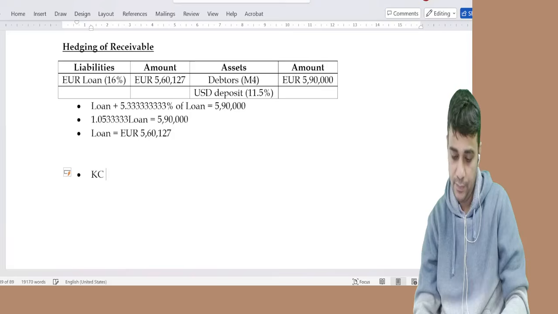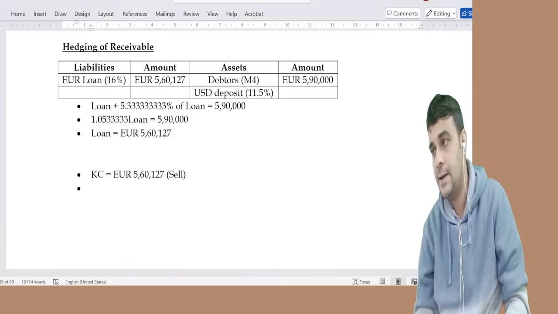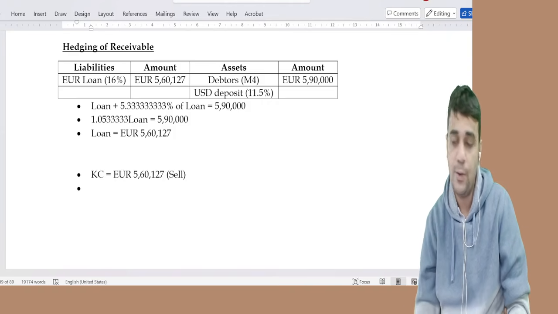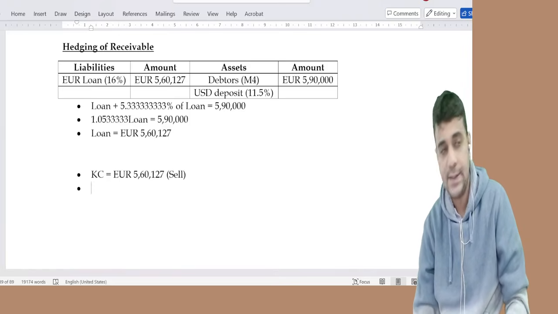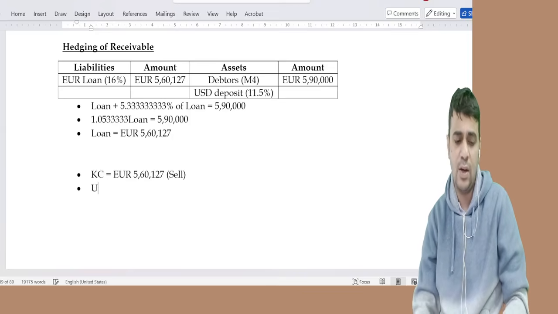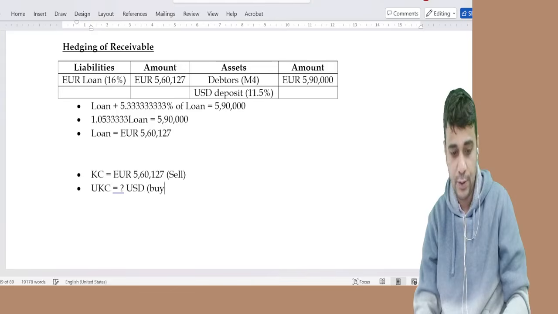Known currency: euro 560,127. I have this in hand, I will be selling this. I can write 560,144 also; that depends on what you have done in the denominator. Unknown currency: question mark US dollar, which we are technically going to buy.